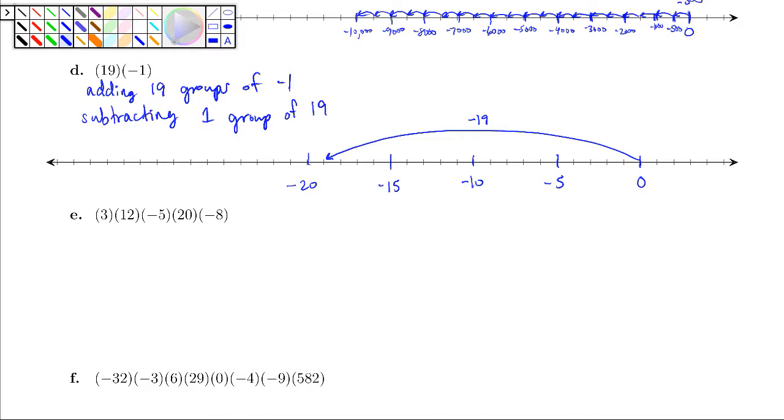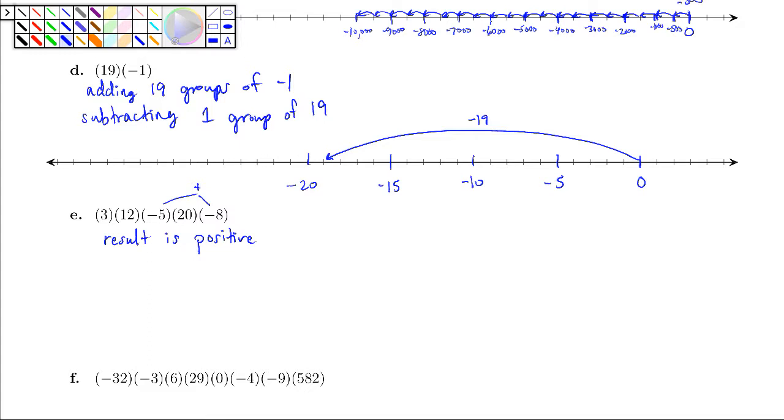So I can say just from looking at this that the result is positive, because these two negatives will cancel each other out and make a positive. And with that there, I can just multiply the values and not have to worry about the sign until later. Okay? So now I can see this just as 3 times 12 times 5 times 20 times 8.